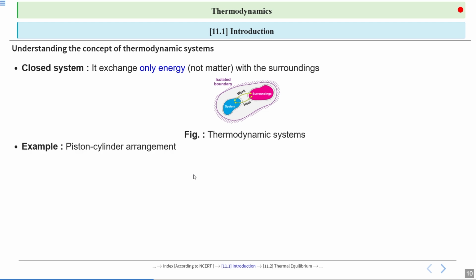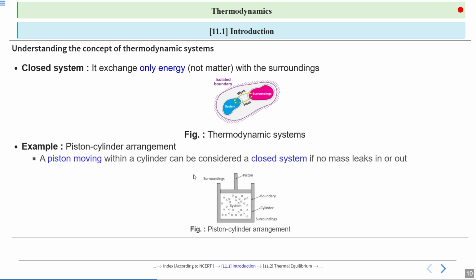If we talk about an example, piston cylinder arrangement. A piston moving within a cylinder can be considered as a closed system if no mass leaks in or out.